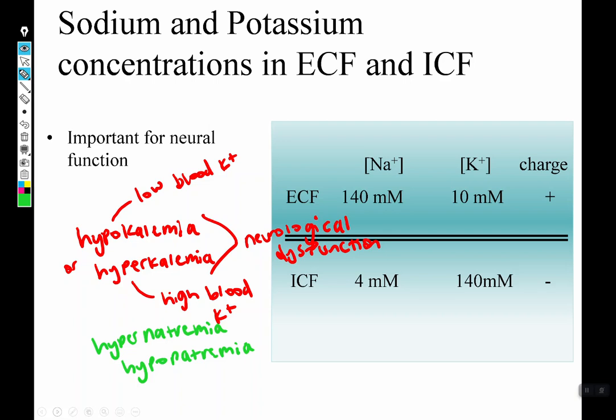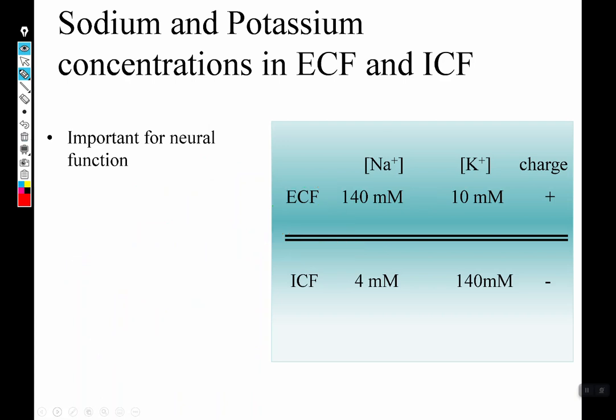Basically the idea is, if you mess up the extracellular fluid's composition and ratio of sodium to potassium, let's say, for example, using this picture, we have a situation where we have hyperkalemia, so we have too much blood potassium for whatever reason.